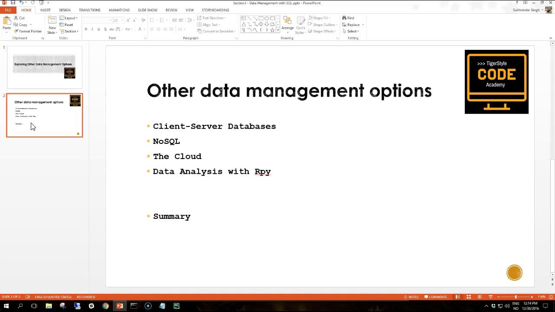So first, let's talk about client-server databases. The traditional SQL database is rather different from Sqlite in the way it is constructed. In these databases, you have a database server process accessed over a network by multiple clients. The Python DB API is designed so that you can work with these databases just as easily as you did with Sqlite.